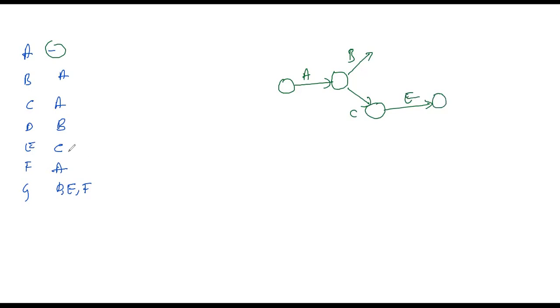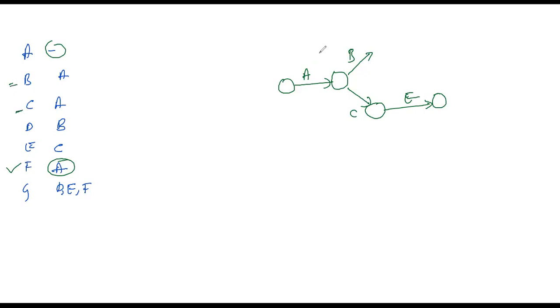Coming to F, the preceding activity for F is A, so we can start activity F after the completion of A only, similar to B and C. Here activities B, C and F can start simultaneously.